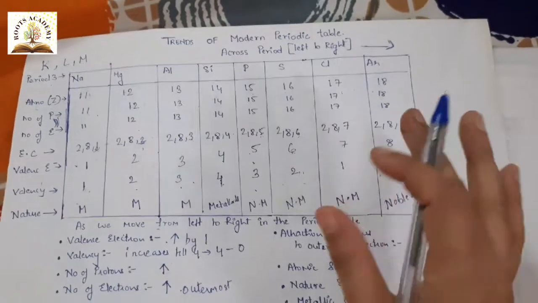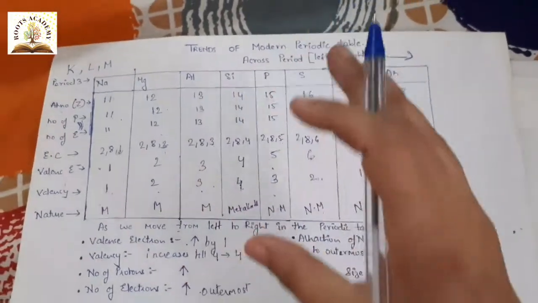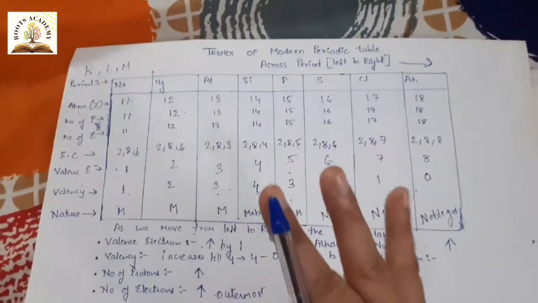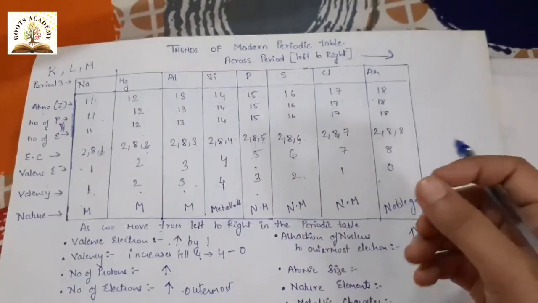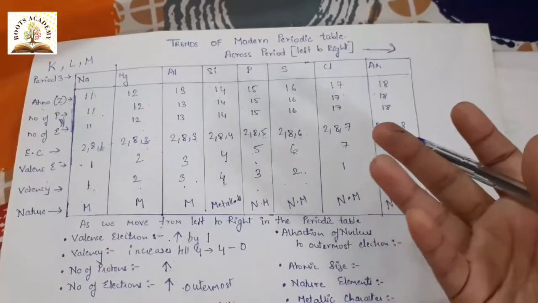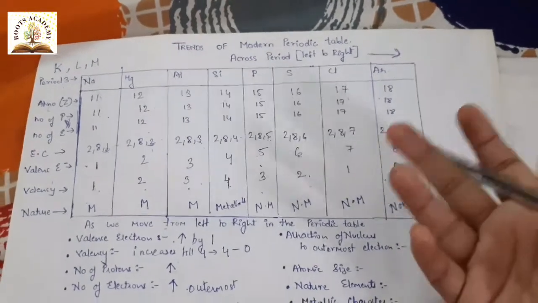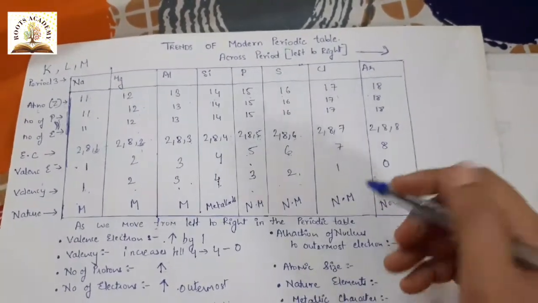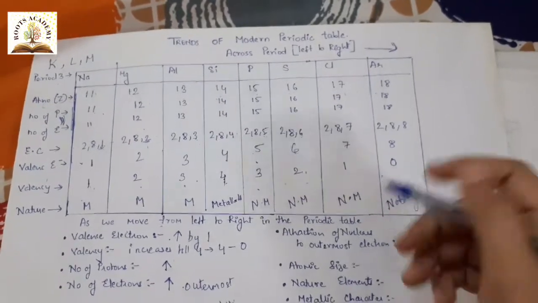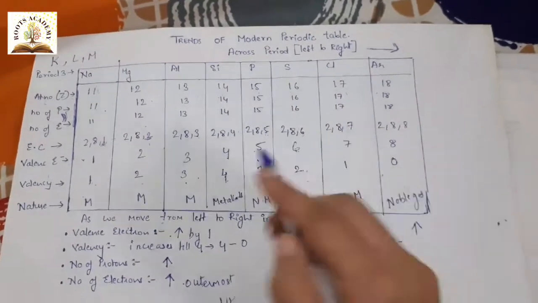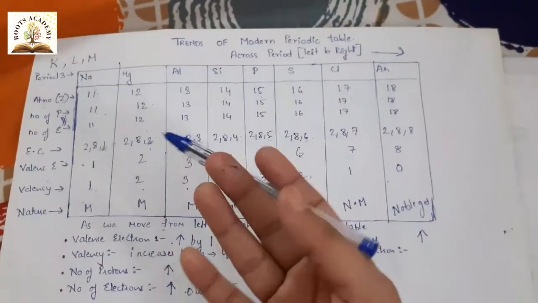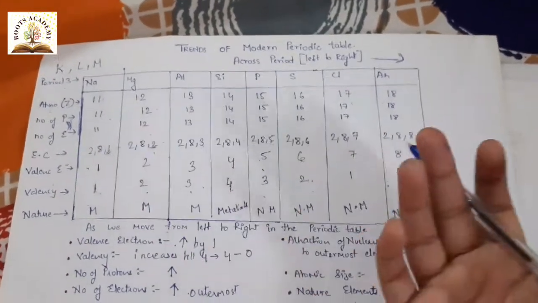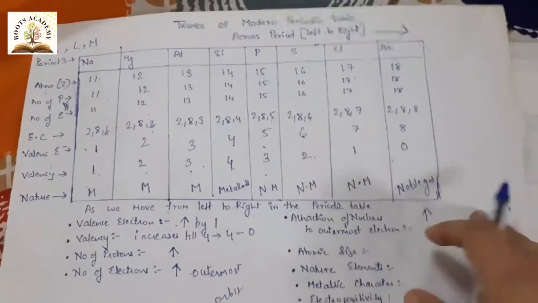Because the number of shells is only 3, the space is limited, but the number of electrons and protons is increasing. So obviously nuclear charge is increasing. That is the reason the attraction of the nucleus to the outermost electron increases when you move from left to right.